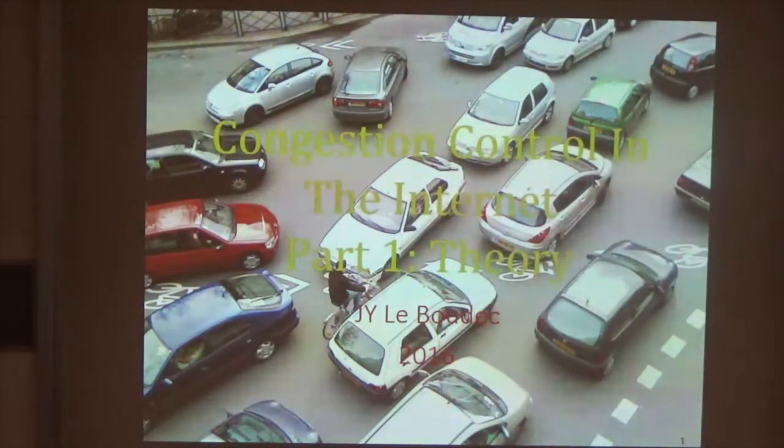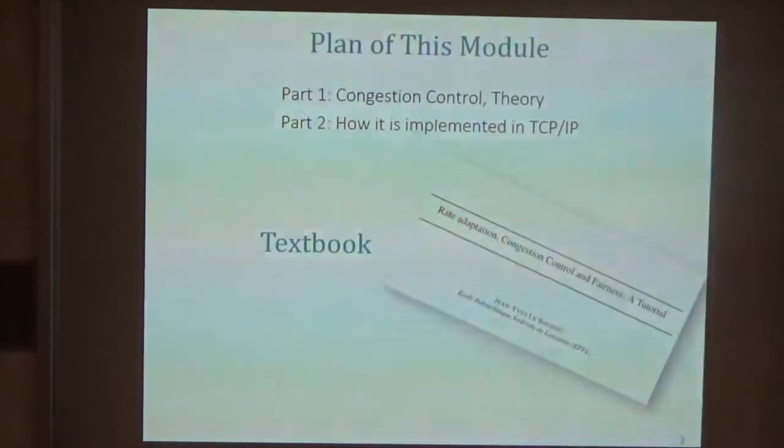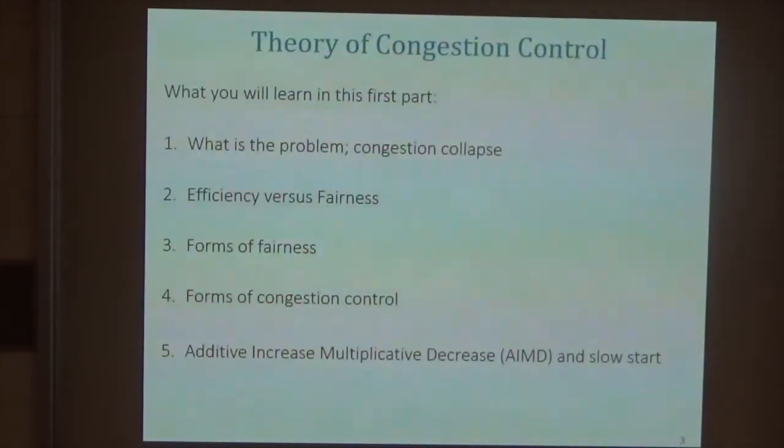And that is exactly one of the root causes of why we need congestion control in the internet. Congestion collapse can happen also in the internet if we don't do congestion control. So that's the first thing we will learn, and then we will also need to discuss fairness and the different forms of congestion control.